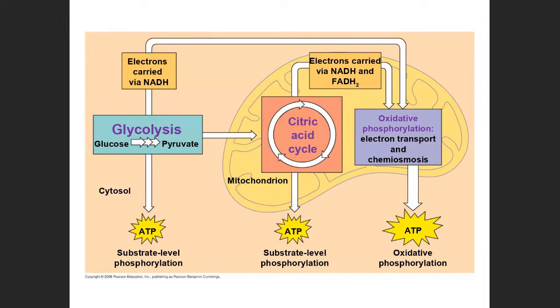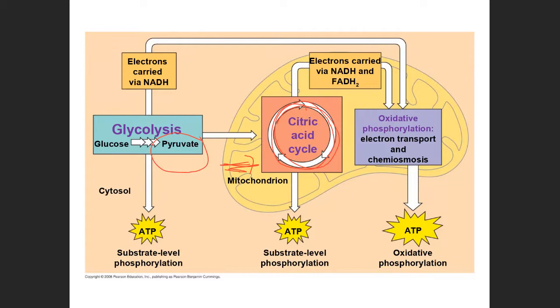And then after that, I make the pyruvate. Pyruvate will enter by an active transporter into the mitochondria. Once entering the mitochondria, it will be oxidized into acetyl-CoA, which is an intermediate stage.